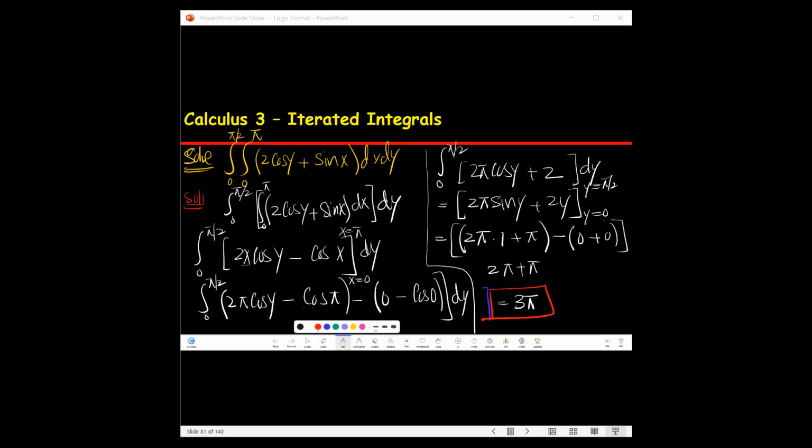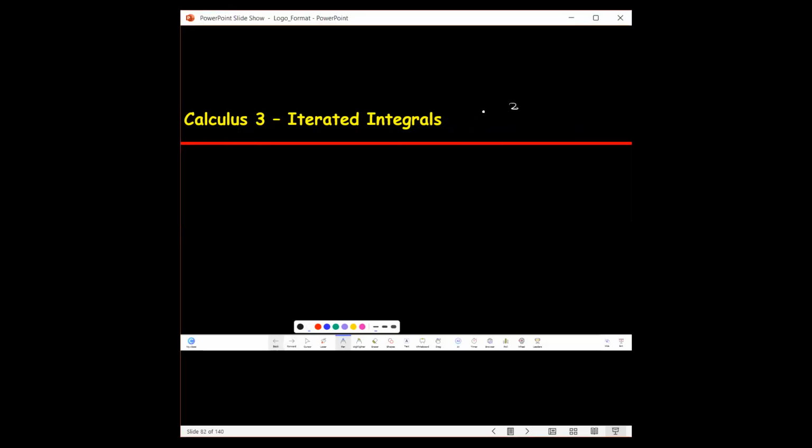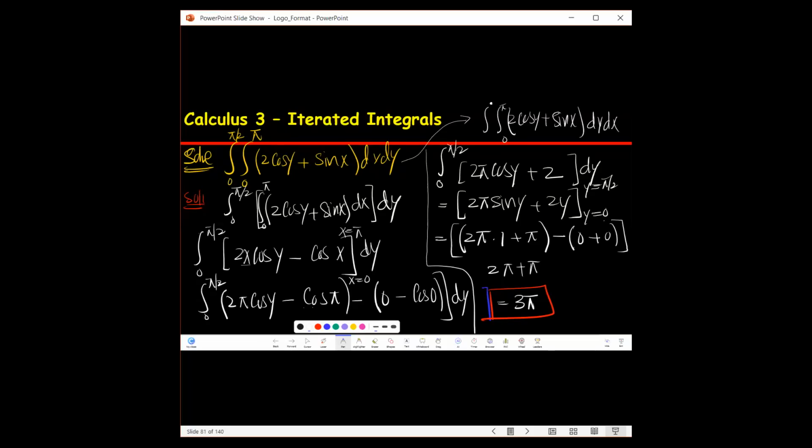Just for testing purposes, maybe you can take this value, and for testing, you just write the same function, and write dy or dx, and then flip-flop the values, so the y value is 0 to pi by 2, and then this is going to be pi, and then 0.